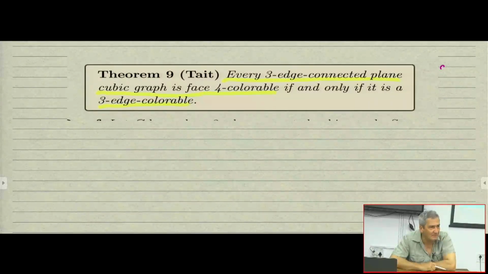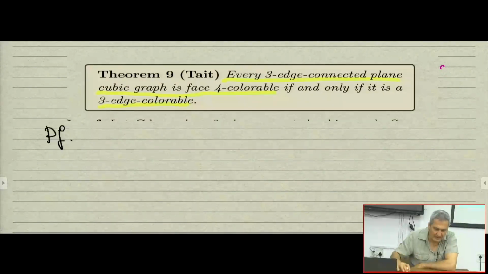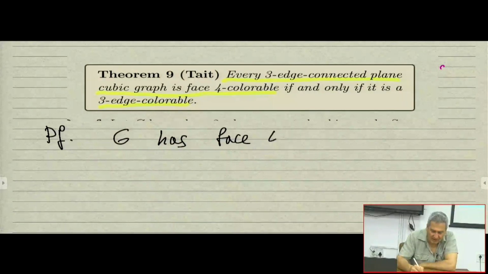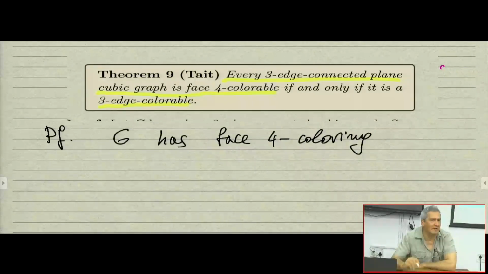Okay. Let's go in this. Let's say proof. Let G be this graph. Let G has face four coloring. Proper, yes.